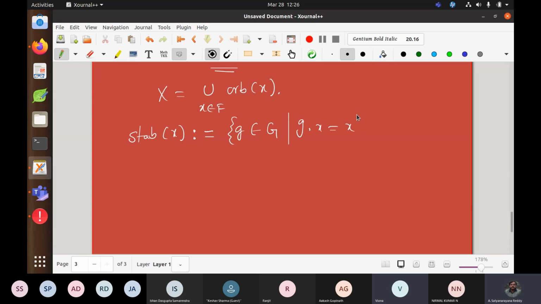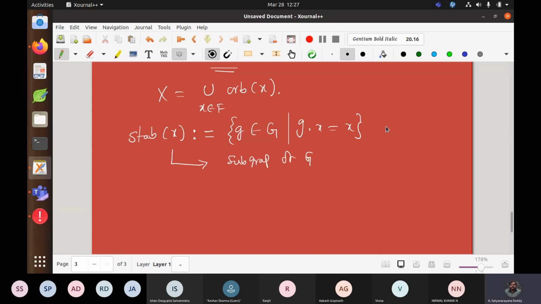Very good, you are correct. Actually, it is all those elements of G fixing x, stabilizing x. And the natural question that comes is: is it a subgroup of G?